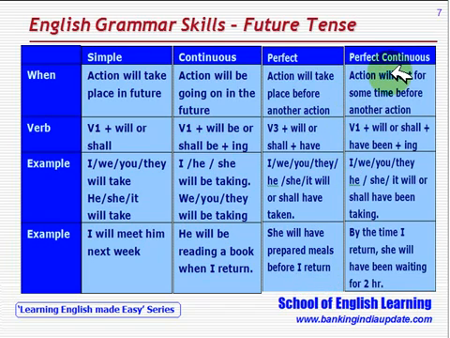Future perfect continuous. It is used when an action will last for some time before another action is to happen in future. So the action will last in future for some time before another action.